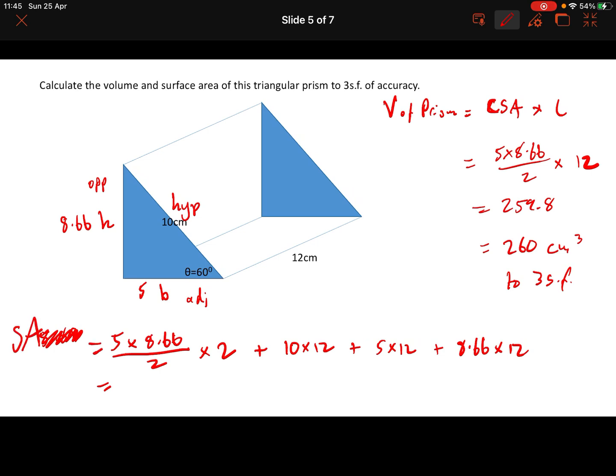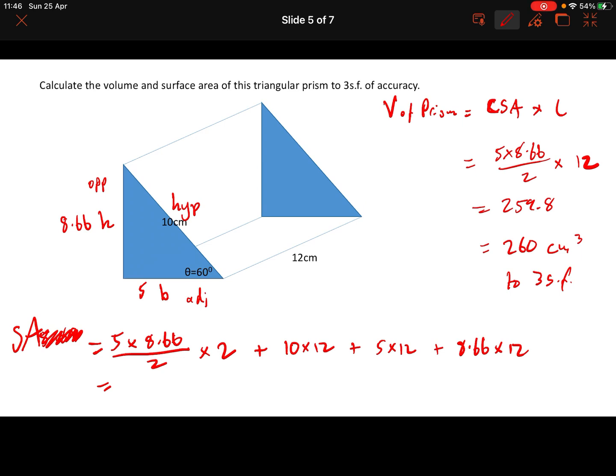Okay, all I'm doing is adding up the area of each face. We've learned it before, so this is just a reminder. So you should be able to do it. But if you don't understand, ask. So I'm just putting this into my calculator now. Okay, 10 times 12 plus 5 times 12 plus 8.66 times 12.